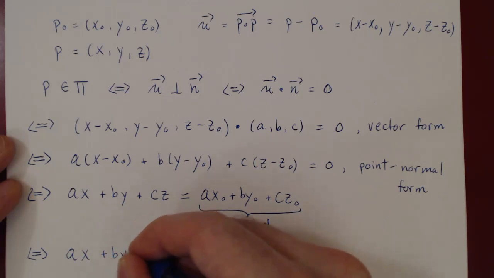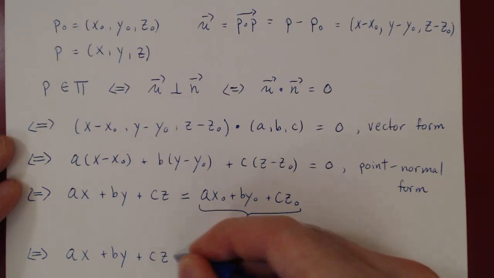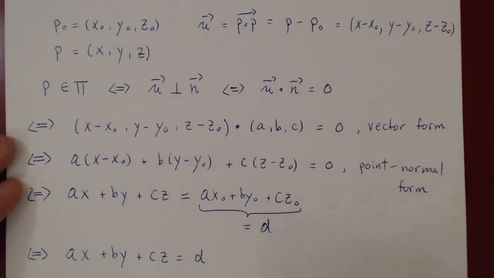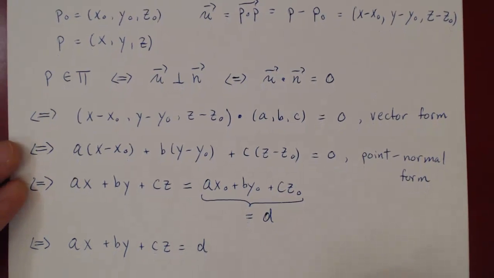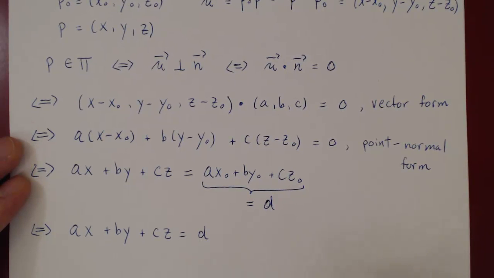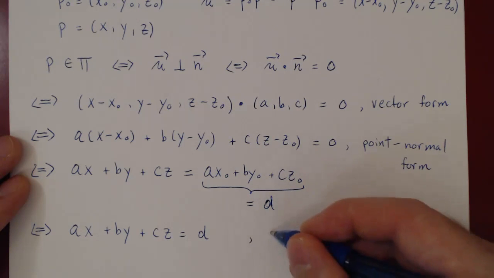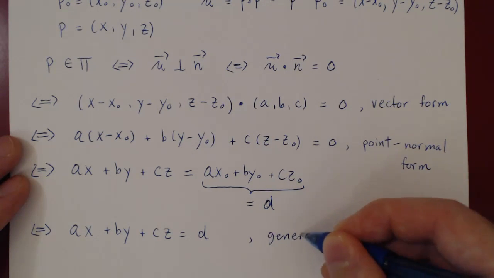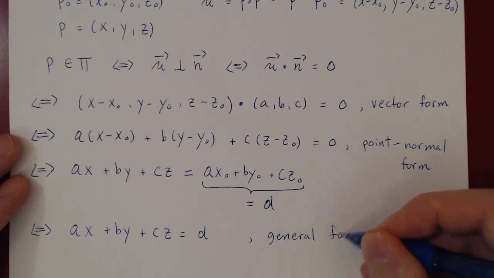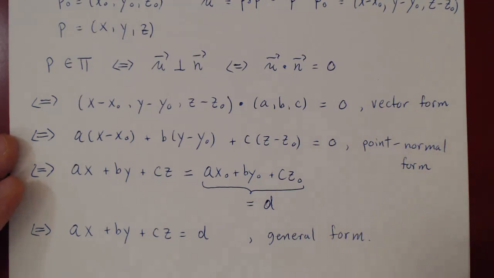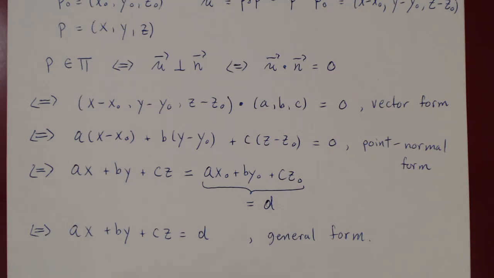Ax plus by plus cz is equal to D. And this is the so-called general form of the plane. And this is the form that we'll usually go with.